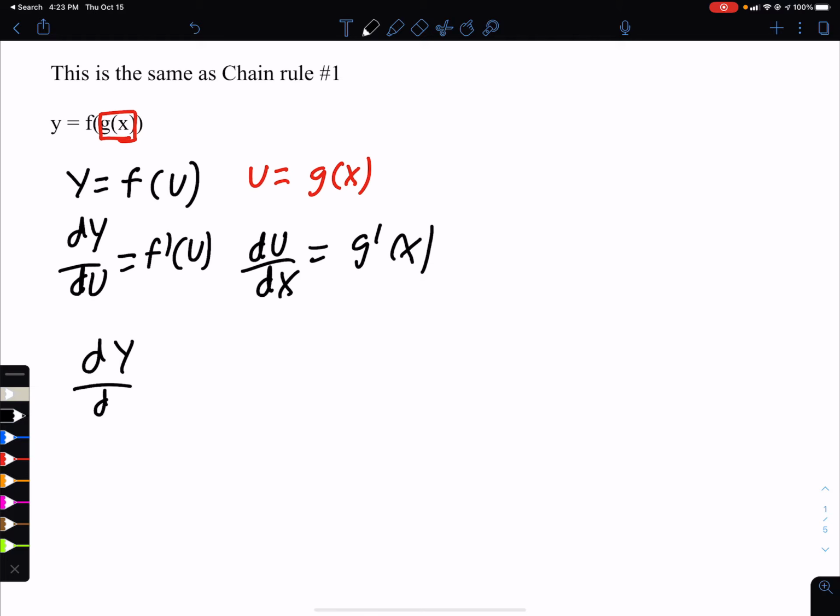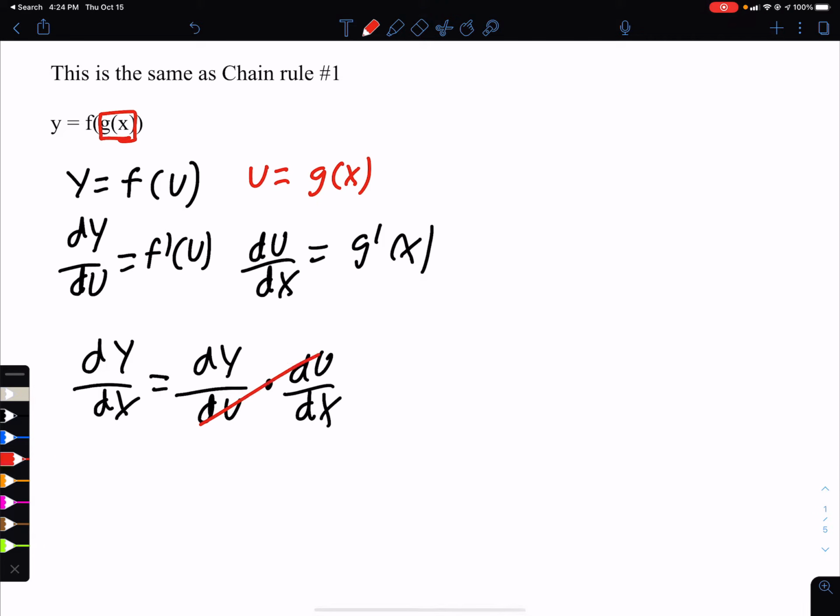So what is dy dx? Well, here's dy, so I need dy du. I place that there. But then on the bottom I want dx. That's not dx. Where can I get a dx on the bottom? Well, there's a dx, so I can use du dx, which I have found.